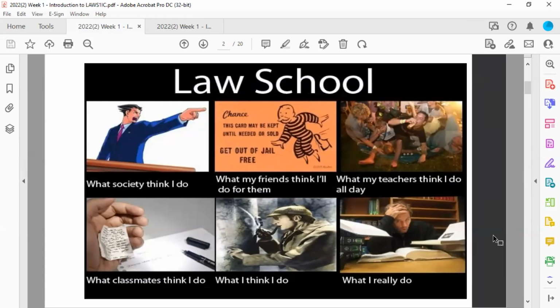And the law has practical application. It is not just a theory or legislation somewhere. It has practical application for us. So it is important for us to know how the law feeds into our daily lives, right?